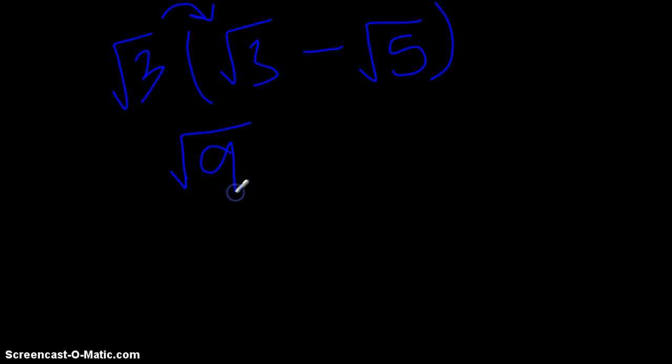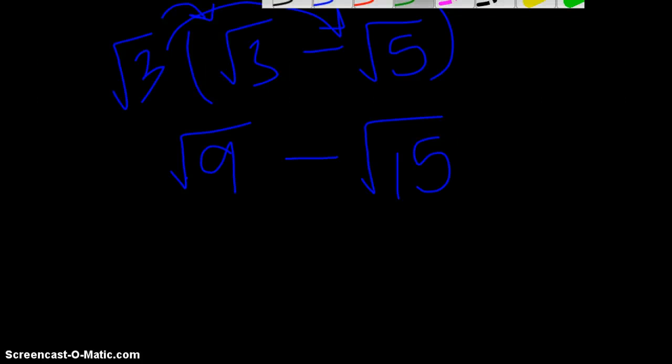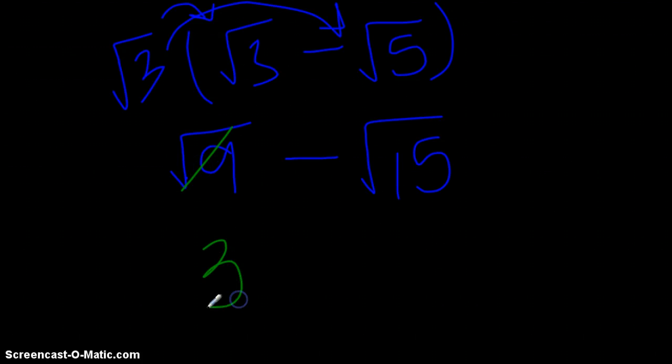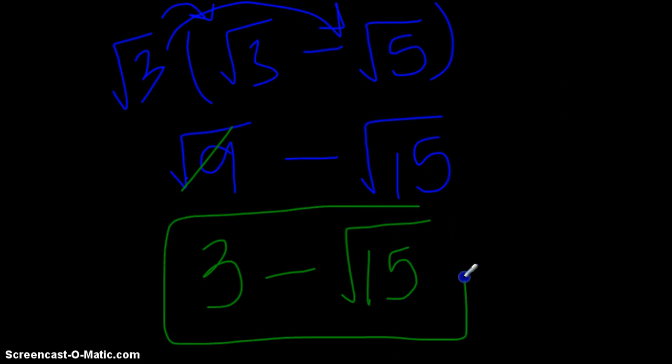Root 9. And what's root 3 times root 5? Root 15. One of those can be simplified. It's a perfect square. Good. So it's 3 minus, and no perfect squares go into root 15. So it's just 3 take away root 15, and that is your final answer.